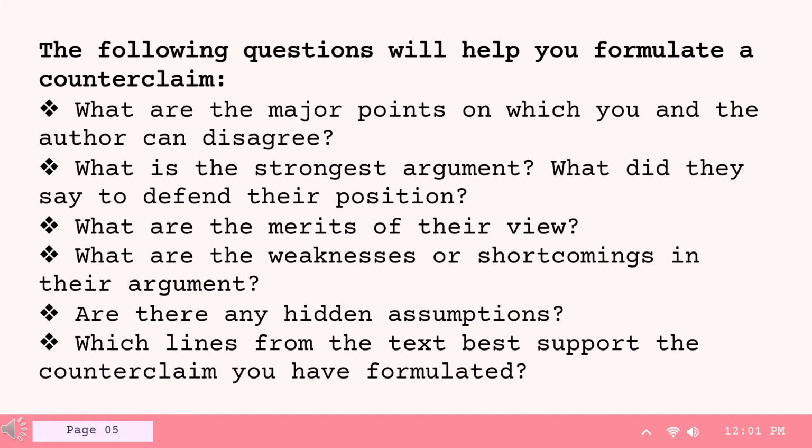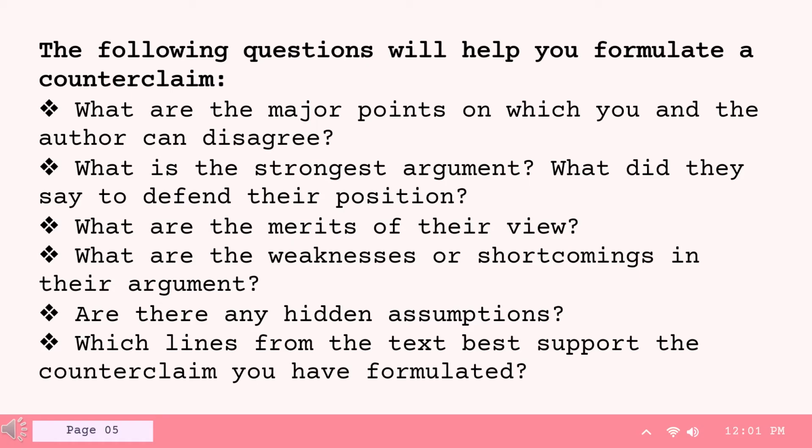Okay, that's it. Once again, class, remember, when you give your counterclaim, do not give merits to the other side of the argument. Make sure you will be able to stick with your stand and provide enough proof, or let's say evidence, to back up your argument.